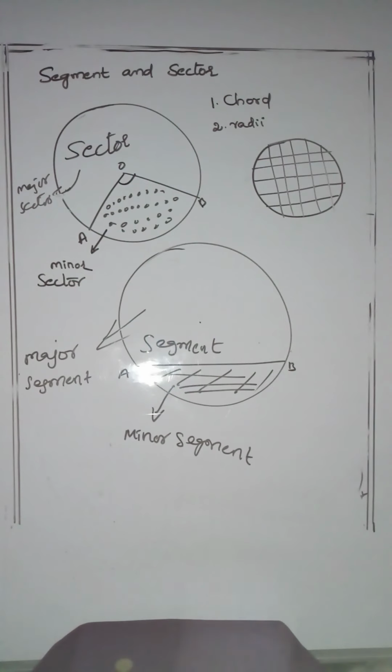To find the area of a segment, we cannot find it directly. That's the reason the segment is built from a sector. That needs to be understood here. Even for the sector, if you join the vertices, it becomes a triangle, so a sector is built from a segment. It happens to be that. Thank you.